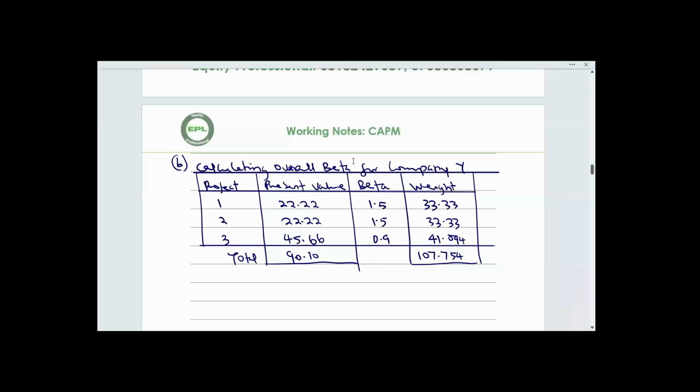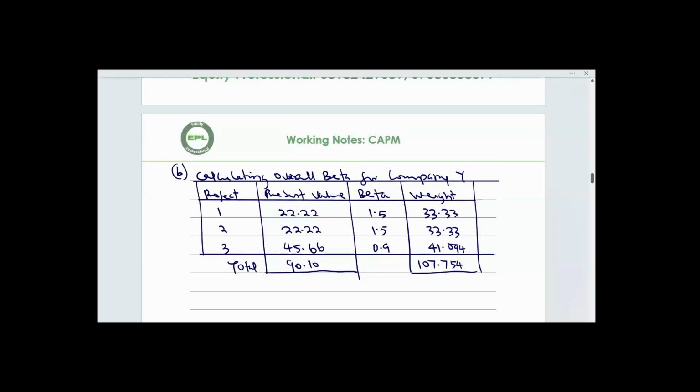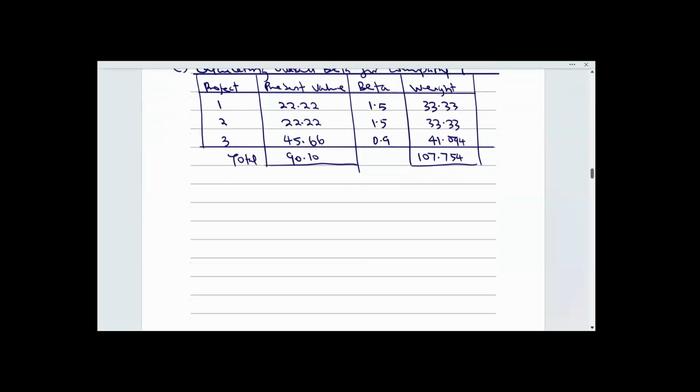So to now get the overall beta, the beta of the portfolio, you then divide.